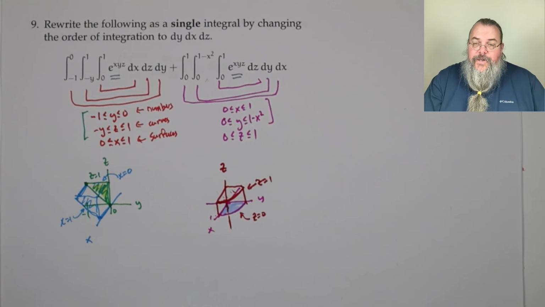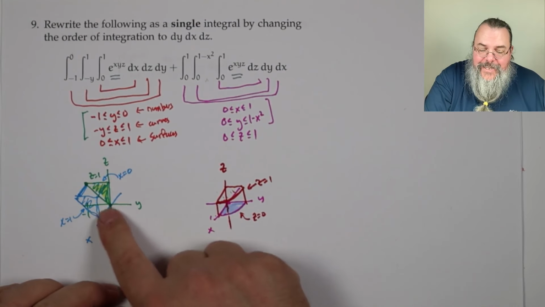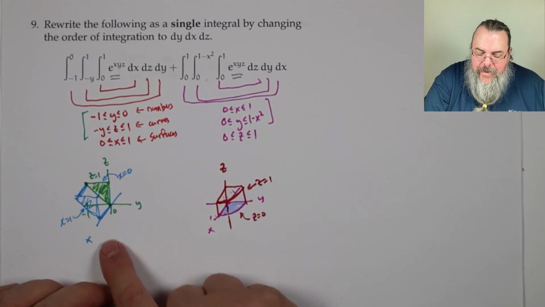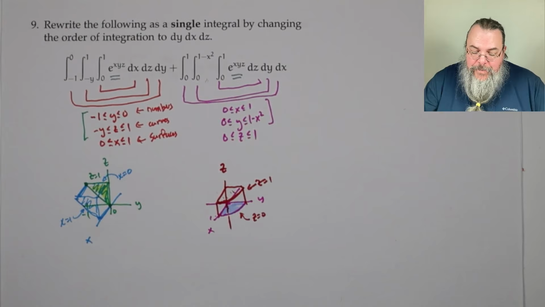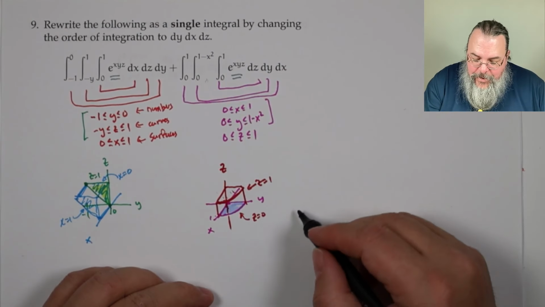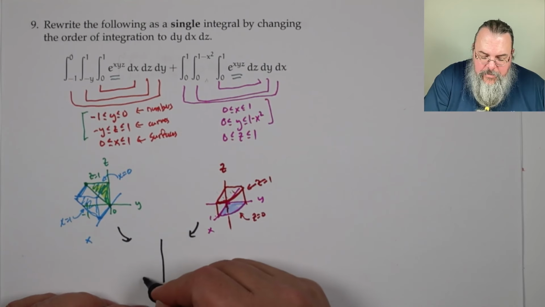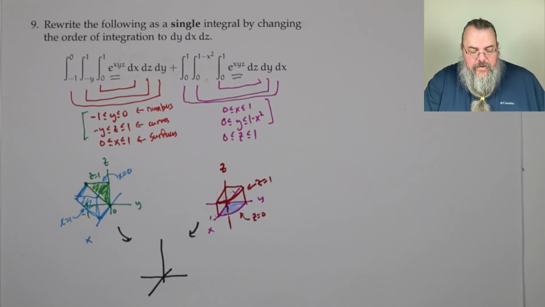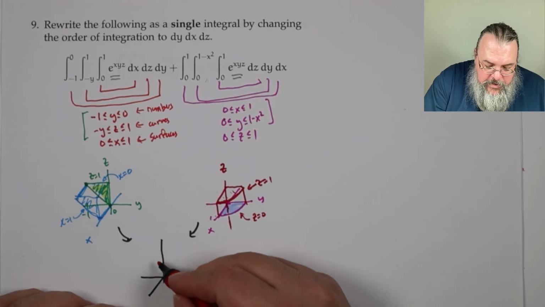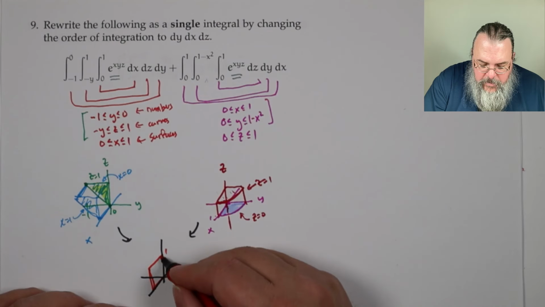Now, what do you notice about these two shapes? They're going to fit together really nicely. Do you see how there's a square right here sitting on top of the xz plane? It matches with this square right there. So when we put these two together, what do we get? Their shapes combined give the following. We have this square, and I'm going to draw the square in explicitly to help us understand what's going on.